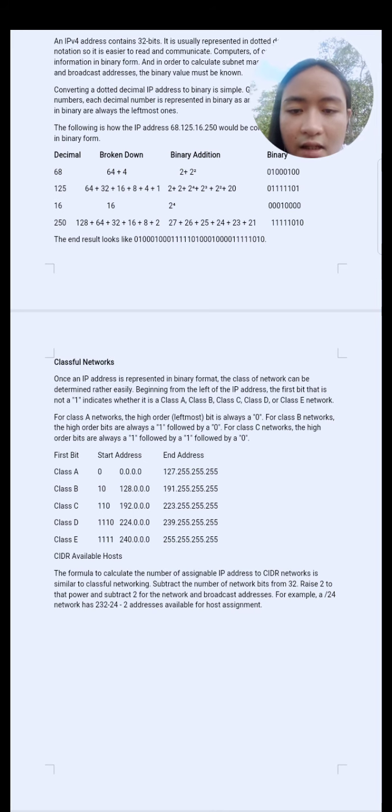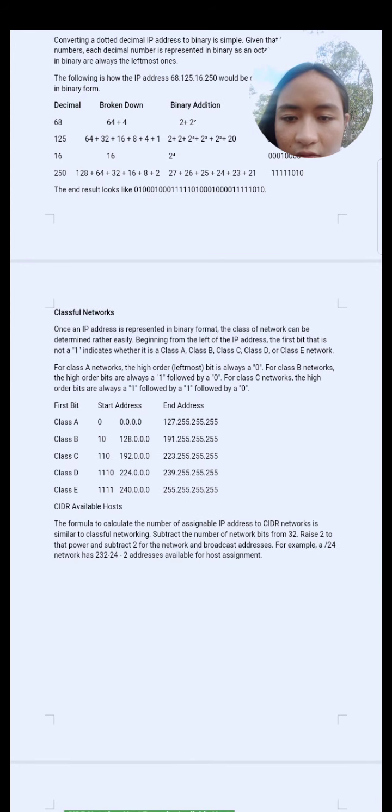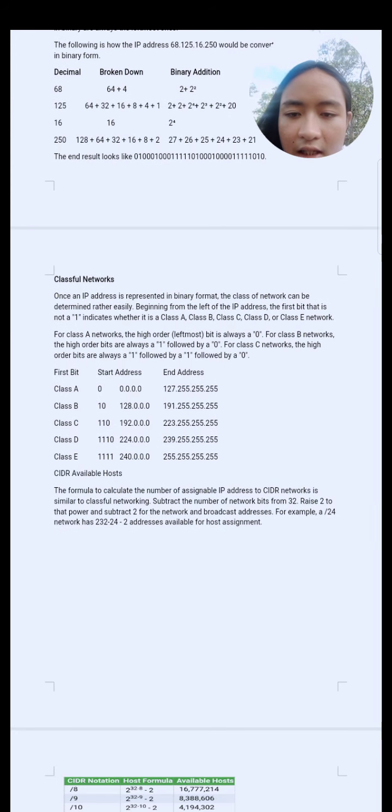For a class A network, the high-order leftmost bit is always 0. For class B networks, the high-order bits are always 1 followed by 0. For class C networks, the high-order bits are always 1, followed by 1, followed by 0. So we have here the first bits for class A, B, C, D, and E.